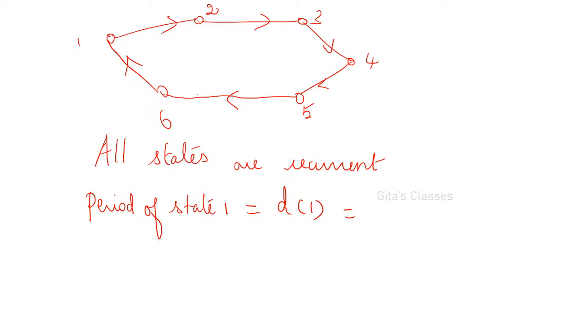Now tell me, if I start from 1, in how many steps can I come back to 1? Is it possible to come back to 1? Yes, it is possible because it is recurrent. Recurrent means you should be able to come back to that state.